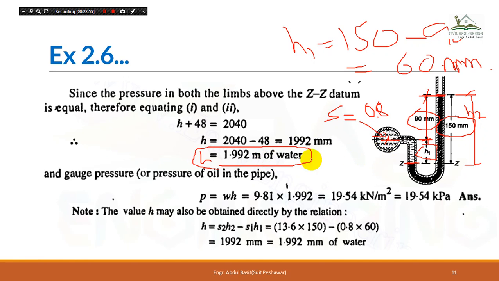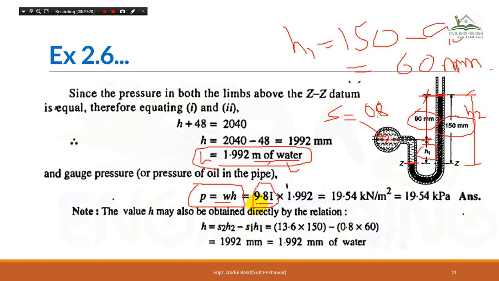If you want to find out pressure, I have already mentioned in the previous slide that P is equal to omega H. Now this omega is the unit weight of water, as the head is in meters of water. So you have to use the unit weight of water over here. If the head is in meters of something else, then you should use the unit weight of that particular material.